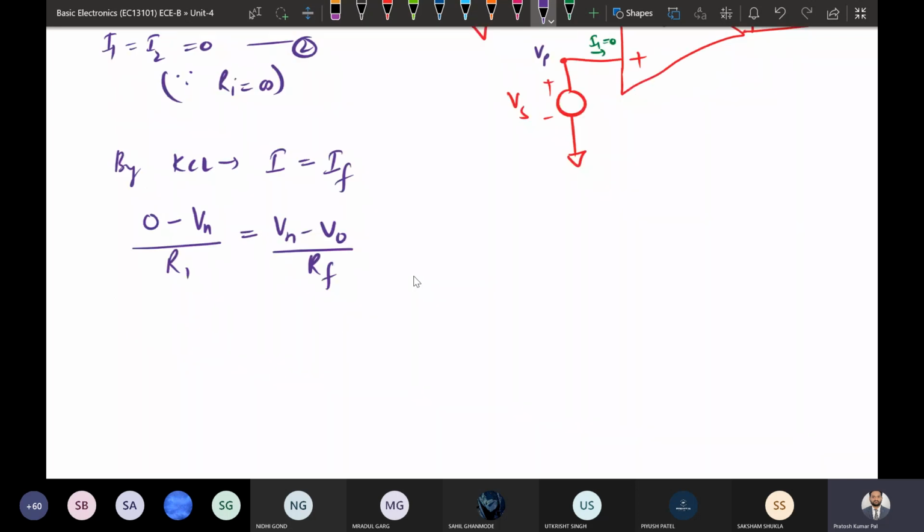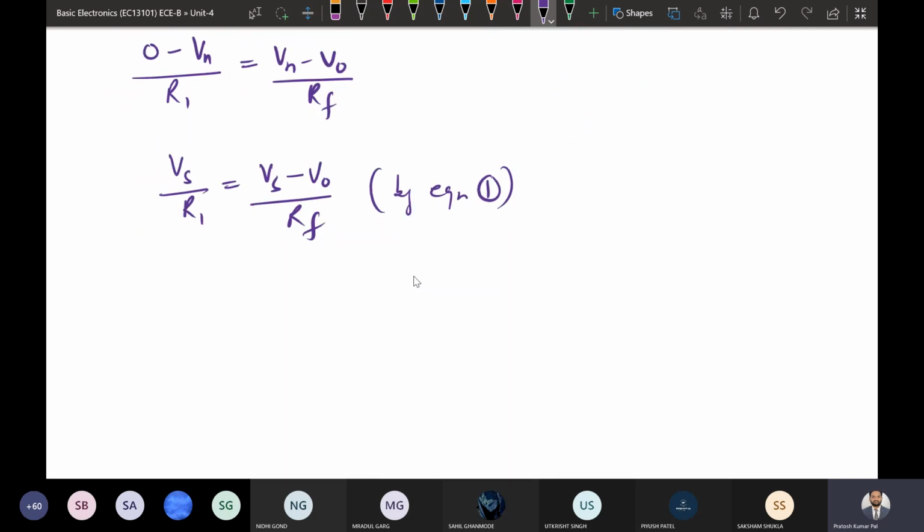Okay, but we know Vn is equals to Vp and is equals to Vs. So we will be putting the value. So it will be minus Vs by R1 is equals to Vs minus V naught divided by Rf. This is by equation 1.